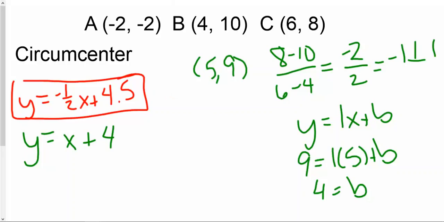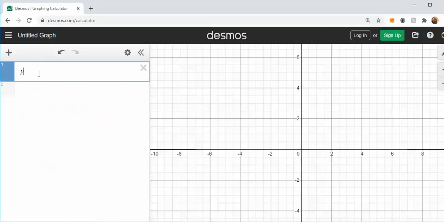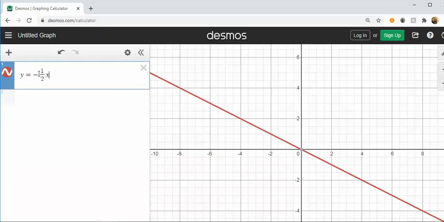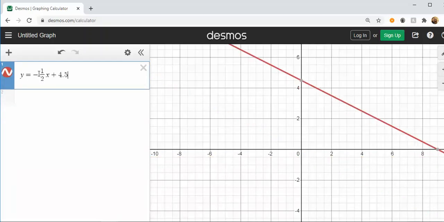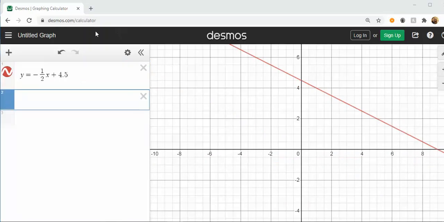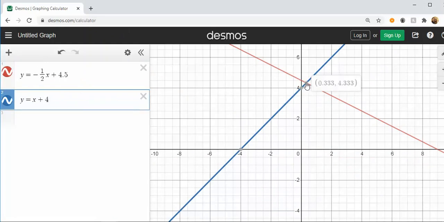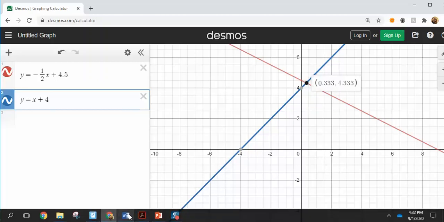Let's try that out. Okay, so my first equation is y equals negative 1/2 x plus 4.5. And my other equation is y equals x plus 4. So I find out where they intersect, which is right here. That is 1/3, 4 1/3.